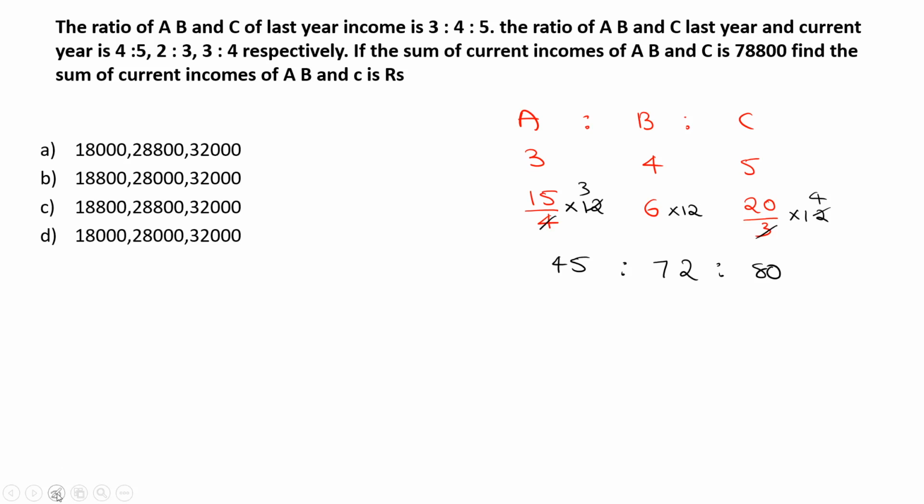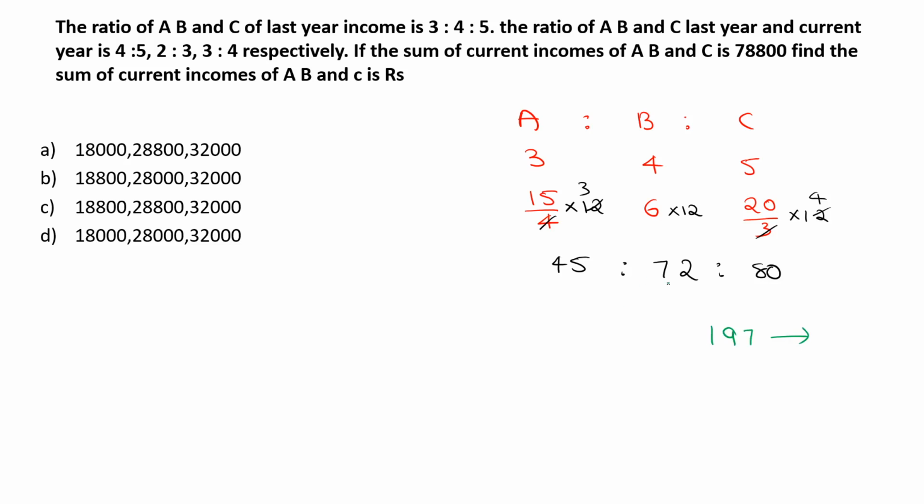But in the question it is given that the present income of A, B, C together is 78,800 rupees. The sum of 45, 72 and 80 is going to be compared with 78,800. That means 197 units.